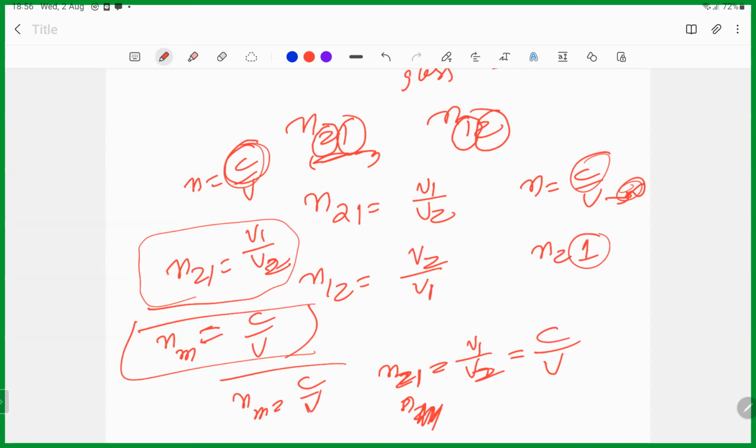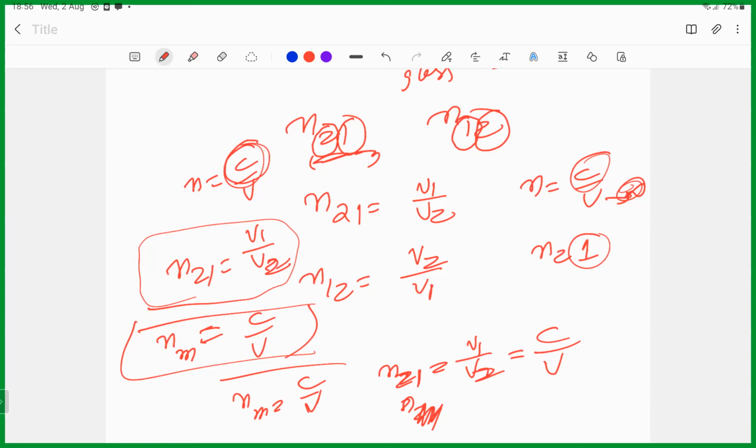Rohit, got it? Why nm equals c by v? V2 you can take as v, and v1 is c.